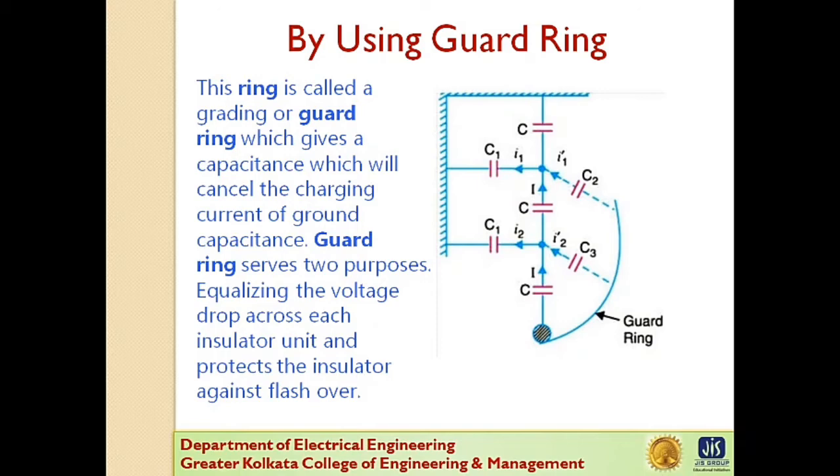It is arranged in such a way that the shunt capacitance currents I1, I2 are equal to the metal fitting line capacitance currents I1 dash, I2 dash. This results in the same charging current I flowing through each unit of the string, so there will be uniform potential distribution across the units.